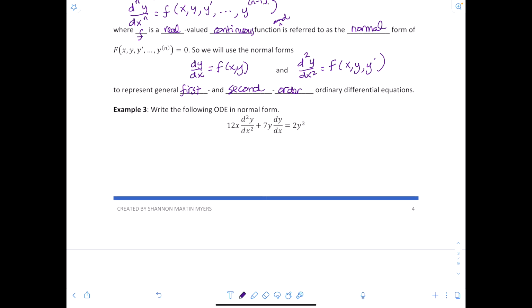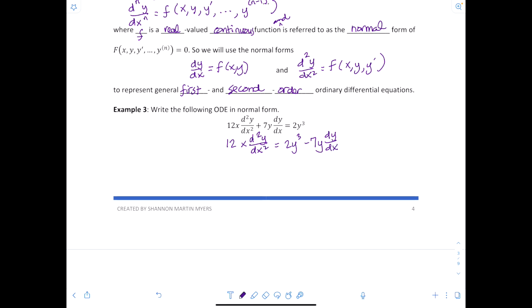Do you see that this term here contains the highest order derivative? So if we isolate it, we would have 12x times the second derivative of y with respect to x is equal to 2y cubed minus 7y times dy dx.